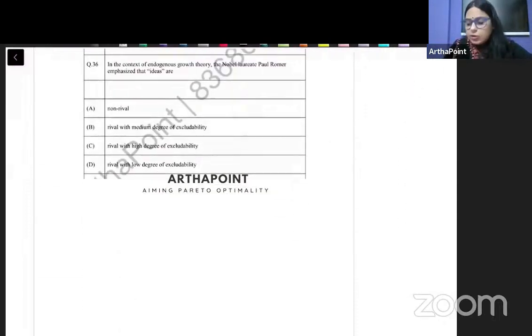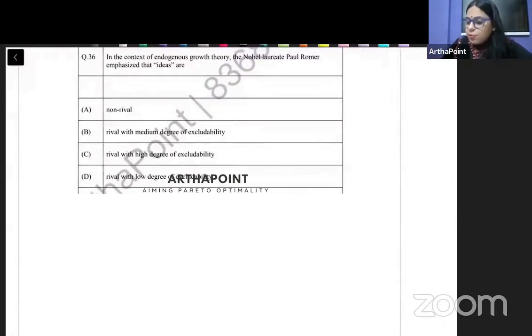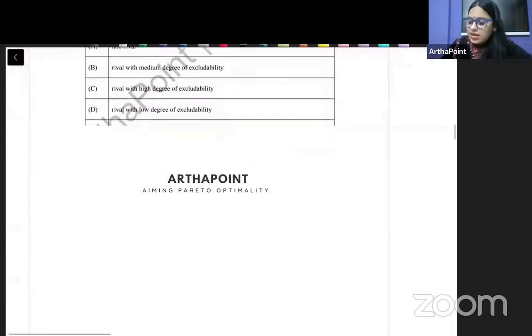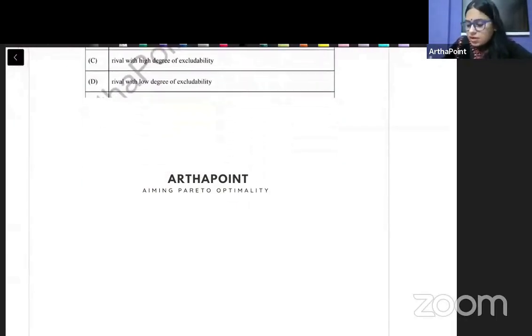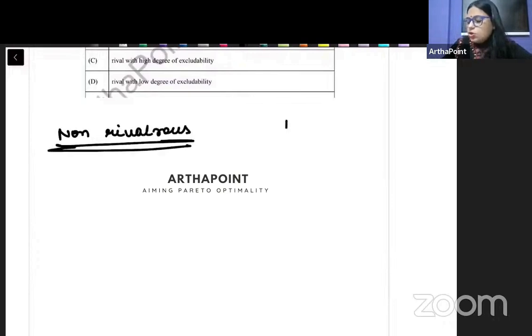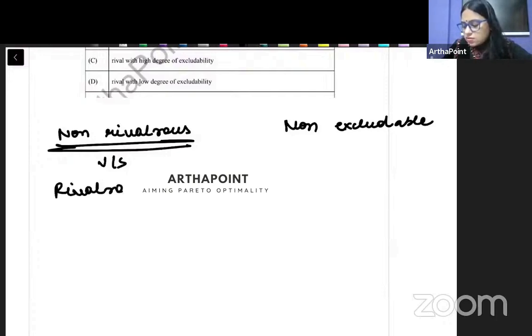In the context of endogenous growth theory, the Nobel laureate Paul Romer emphasized that ideas are... okay, पहले हम दो concept को समझते हैं. Non-rivalrous, non-excludable versus rivalrous versus excludable.